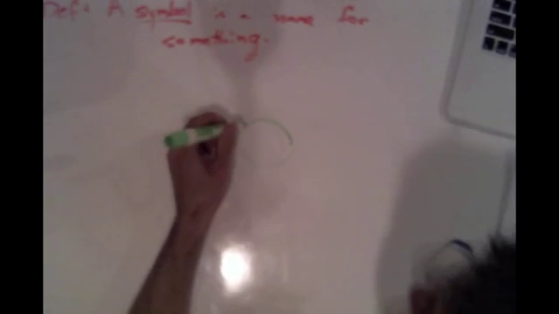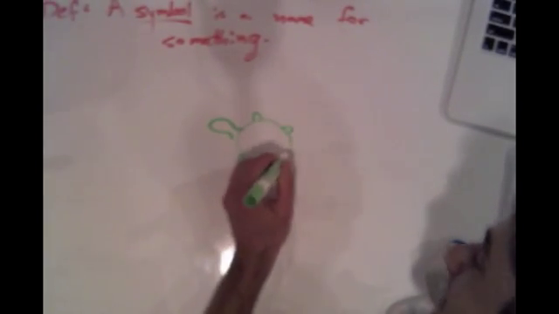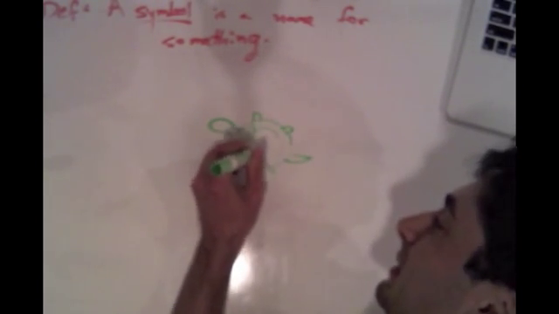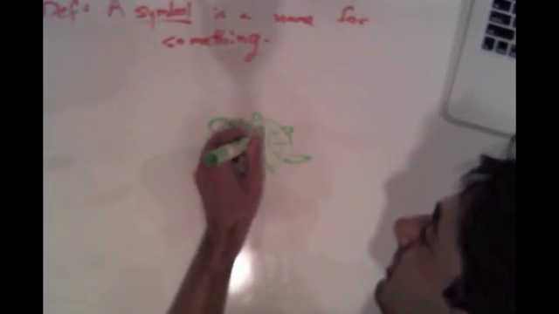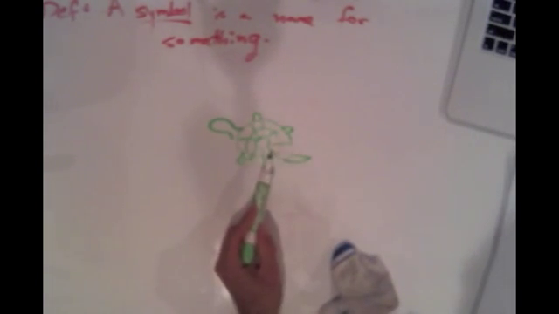Then I have an idea. I'm going to draw a picture of my pet turtle. And every time you see this picture, you know that I'm not talking about a picture, but I'm actually talking about my real pet turtle back at home. Therefore, this picture is a symbol for my pet turtle.